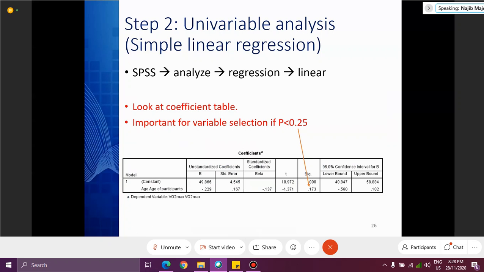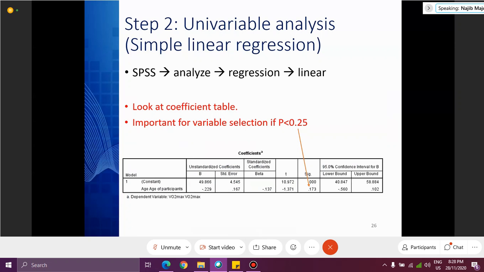So we can relax the cutoff point p-value for variable selection. Why? Because a variable whose p-value is not significant at univariable analysis may not necessarily be not significant at multivariable analysis.